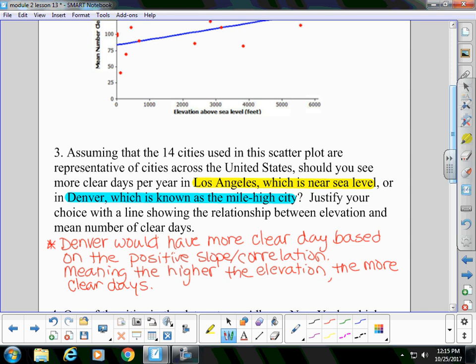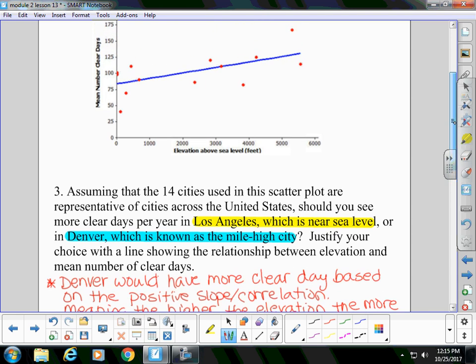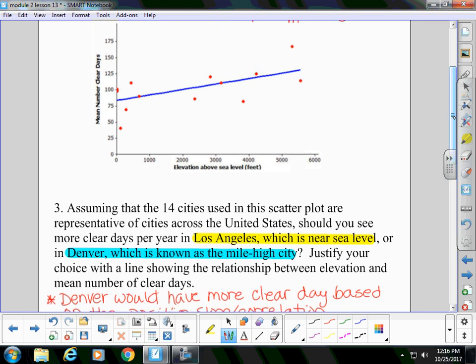Now, in terms of looking at the line, it says justify your choice with a line showing the relationship between elevation and mean number of clear days. According to this, if Los Angeles is at sea level, let's say right here, 0, that means Los Angeles might have an average of 75 clear days.